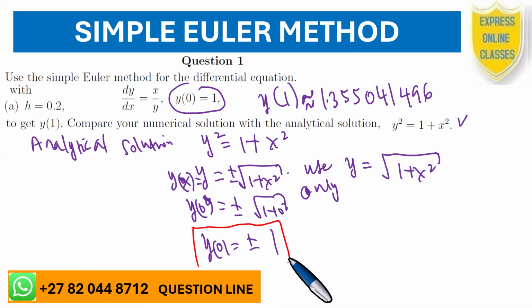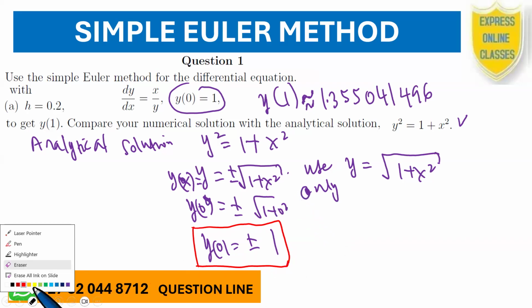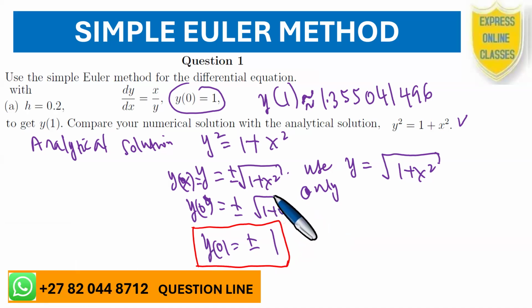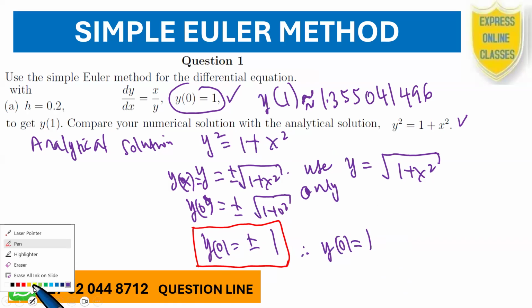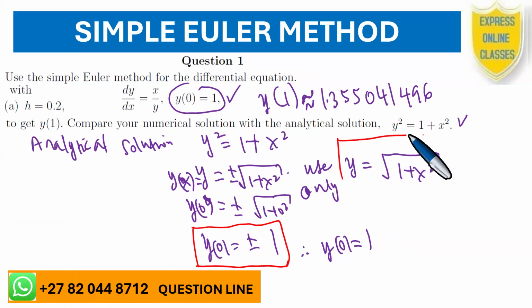So y at 0 is plus or minus 1. But we're saying therefore that our y at 0 is only 1. So we are going to only use the positive root.